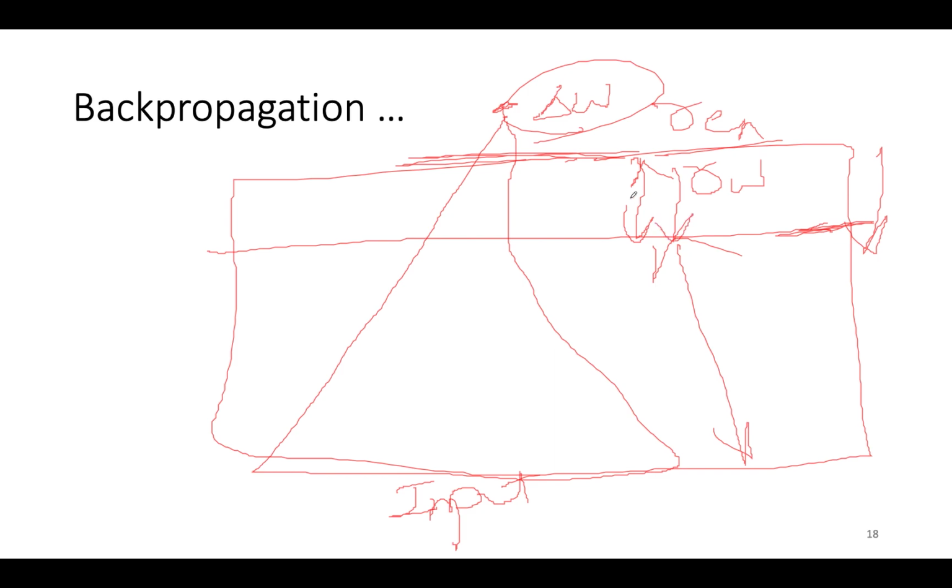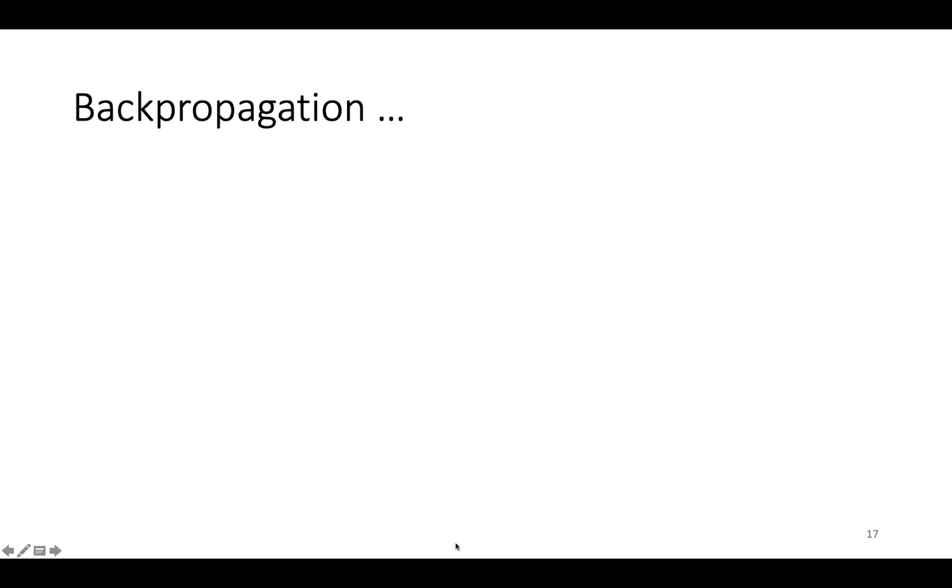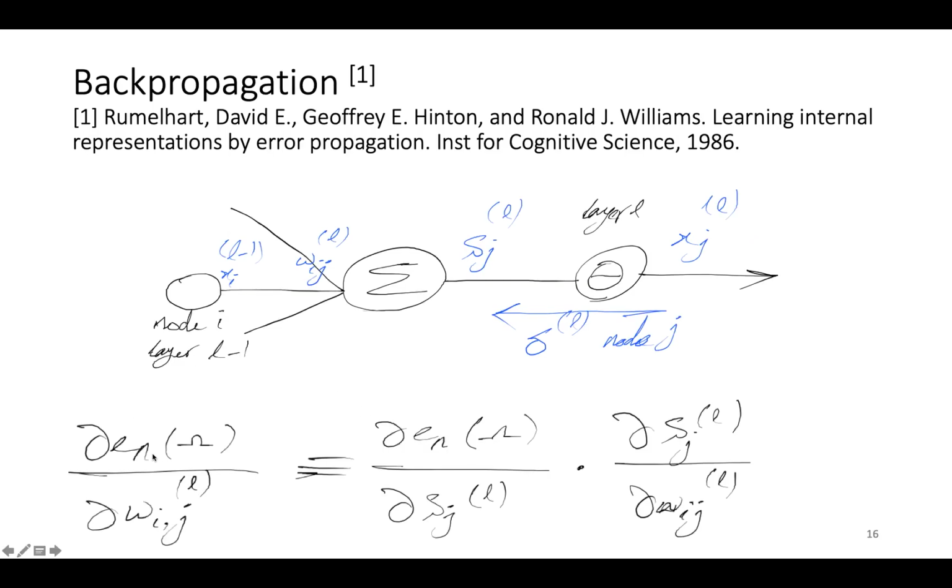So you arrive here, and this would be equal to this error. You arrive here, this error times the rest of the error. And then you just narrate down, going backward up to the first layer. Just go backward, and we will talk about it extensively. But the notion we will use is the chain rule.